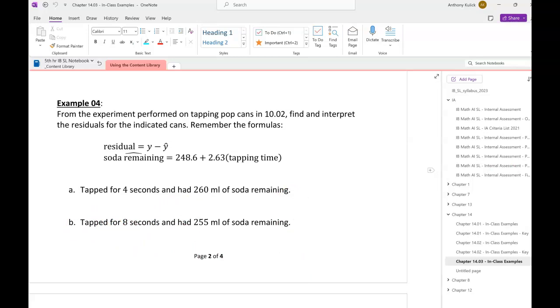Try it for part B. Who's got the number?